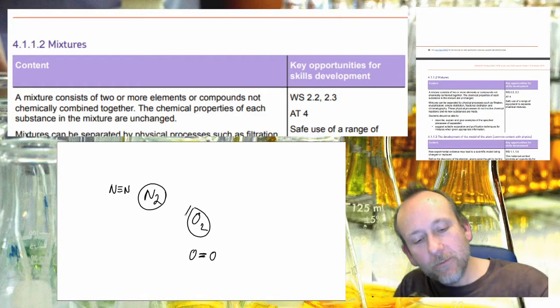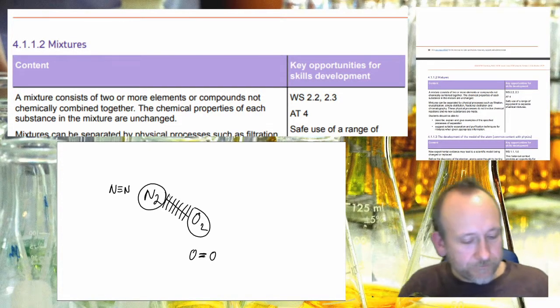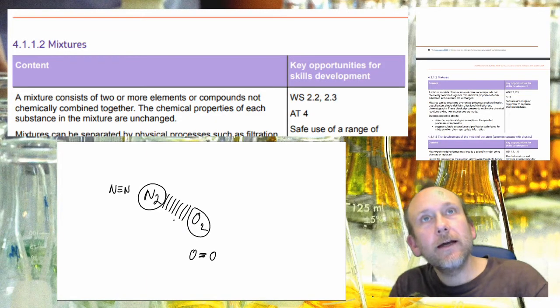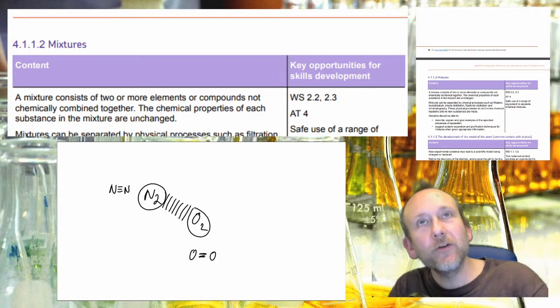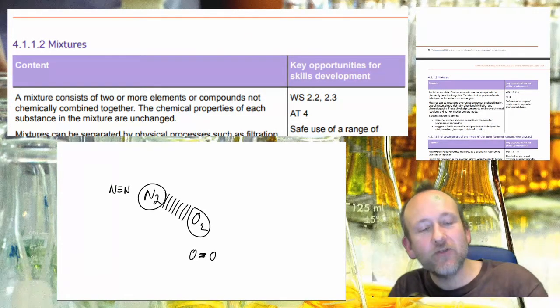However, in between these molecules there is a tiny little force, and these lines here are supposed to indicate that. They're not a solid line. A solid line would look obviously like this. So what that indicates is some sort of weak interaction between the two. You can imagine it's like a really weak tractor beam.